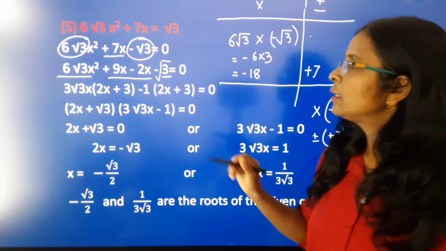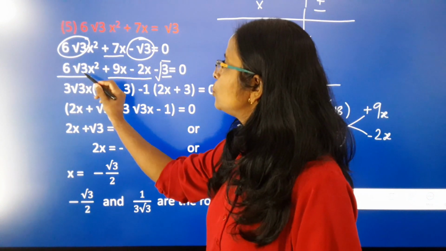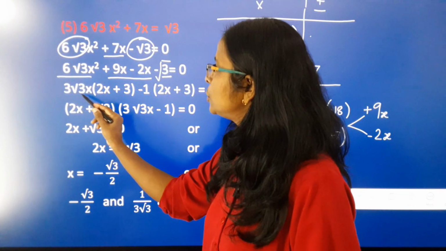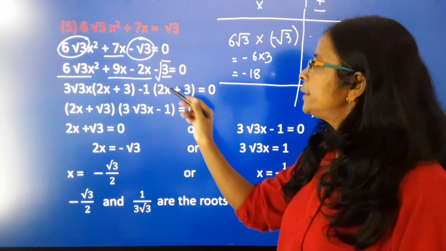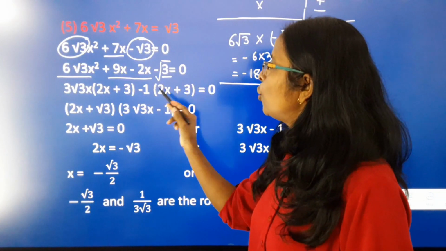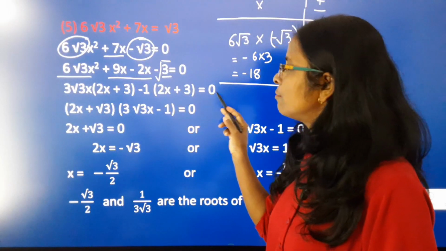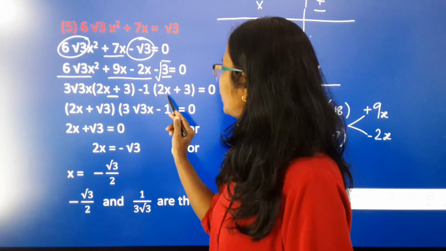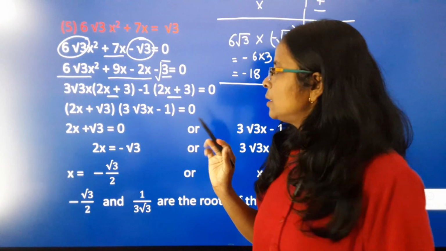So this way make the group of these two, 6 root 3x square plus 9x, and common it 3 root 3x in the bracket 2x plus 3. And the third and fourth term common is 1 and in the bracket 2x plus 3 is equal to 0. Okay, so the common bracket, there is the common bracket 2x plus 3 same.